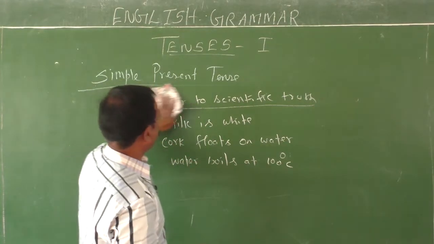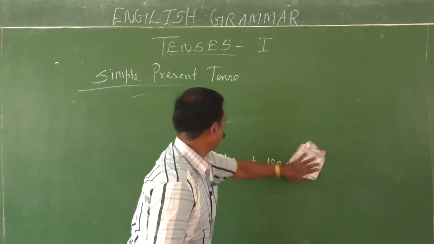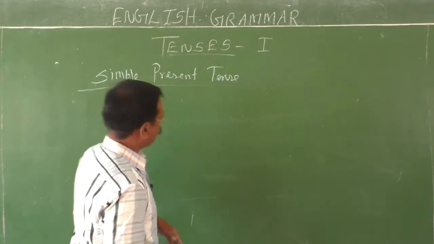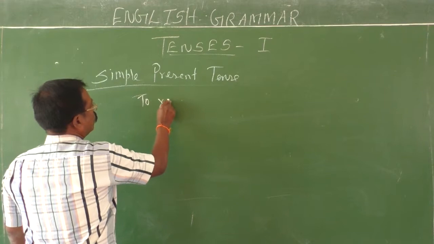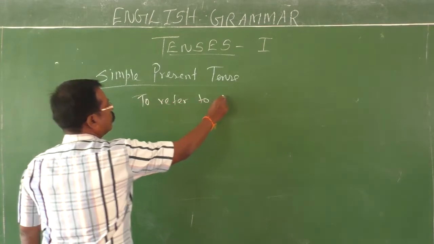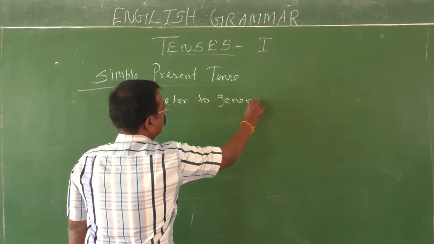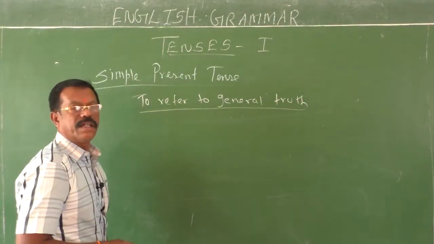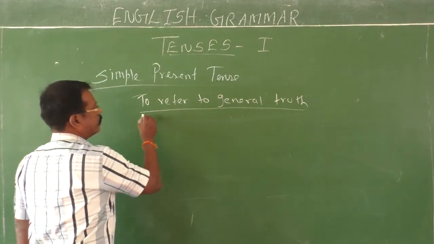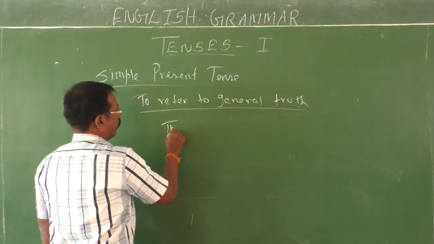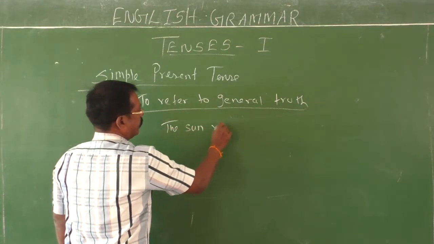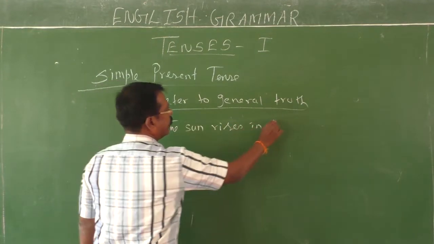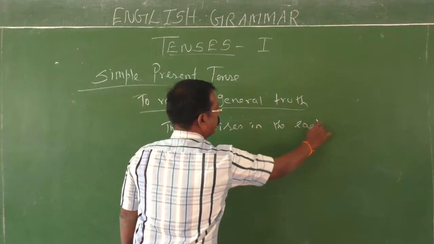Okay, children? Then to refer to general truth. To refer to general truth, we use this simple present tense. I will give you some examples. Some general truths: The sun rises in the east. It's a general truth.